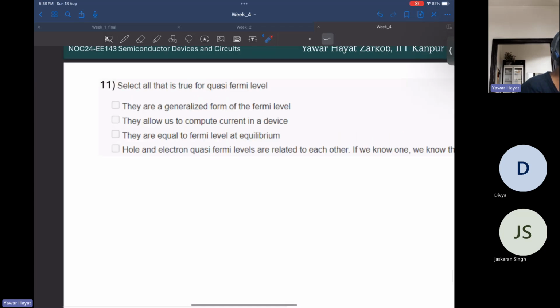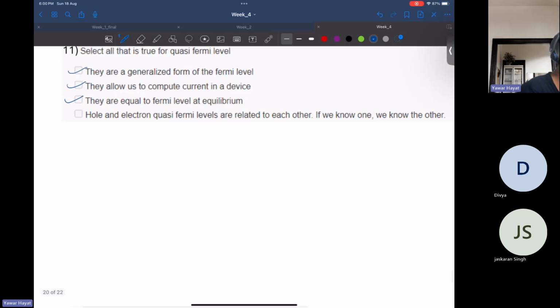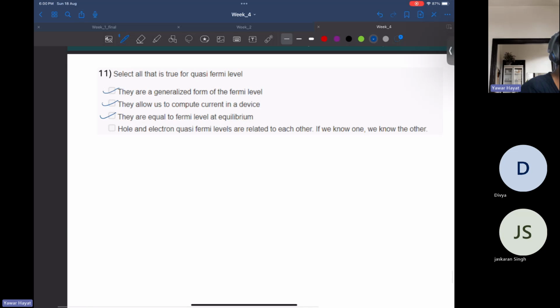The rest of the options are correct because the quasi-Fermi level is the generalized form of Fermi level. They allow us to compute the current in a device. That's also true. They are equal to the Fermi level at equilibrium. That is also true. Only the last one is incorrect: hole and electron quasi-Fermi levels are related to each other, if we know one, we know the other. No, that's not the case.